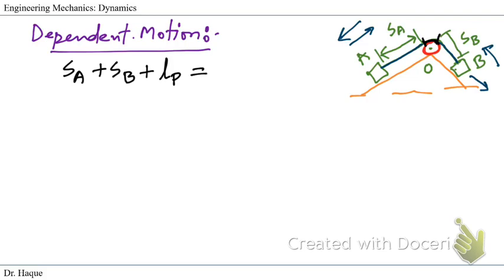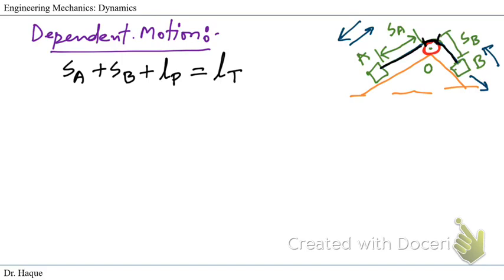This length, and this length, which is SB, is the total length of the rope, LT.